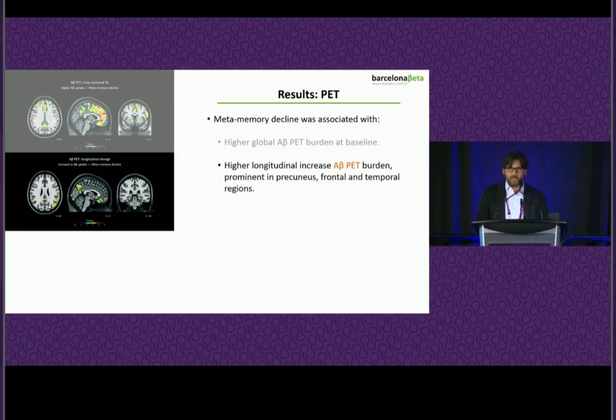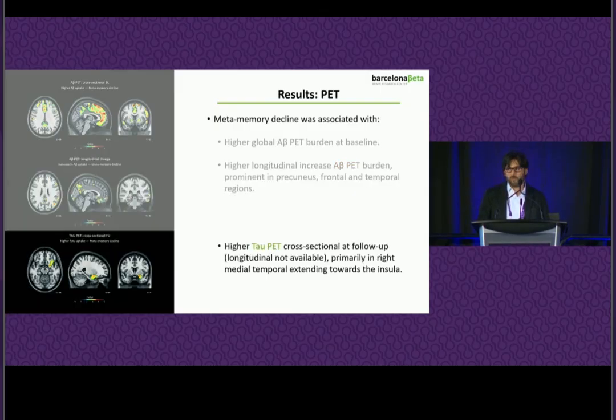For longitudinal PET, we saw increments in amyloid deposition in the precuneus, and in frontal and temporal regions. And for tau PET, which was cross-sectional, as you may remember, we found an association in the medial temporal lobe extending to the insula, only in the right hemisphere.